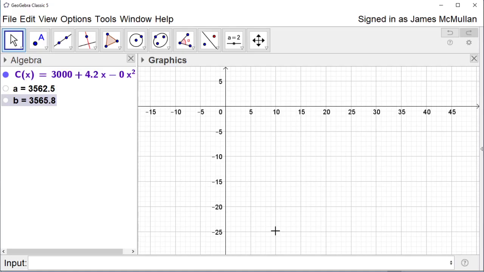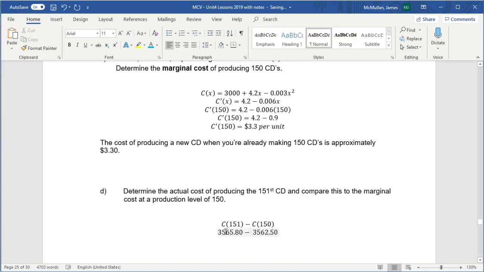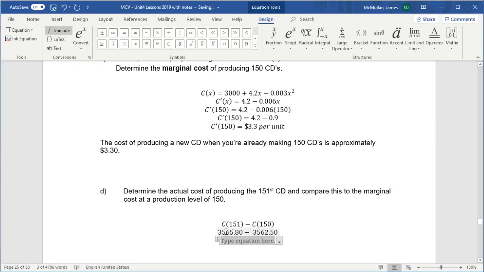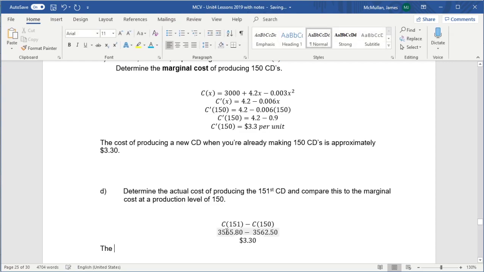And we find that these two, when you subtract them, is $3.30, right? So the 151st CD costs $3.30 to make if you've already made the first 150 of them, right? So we get the same answer.